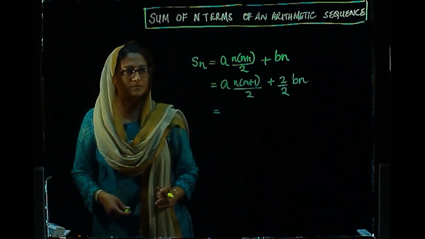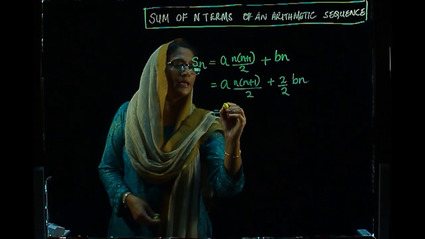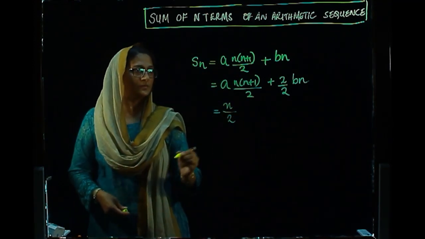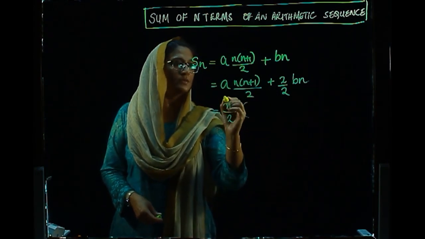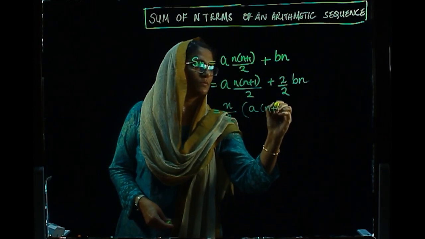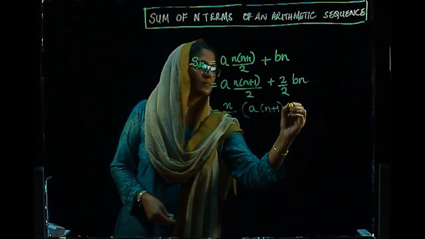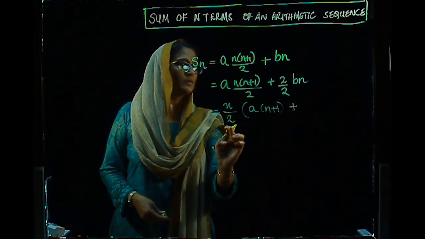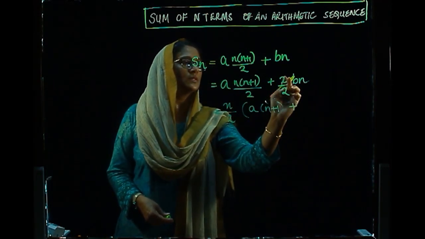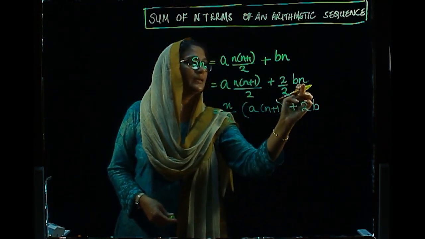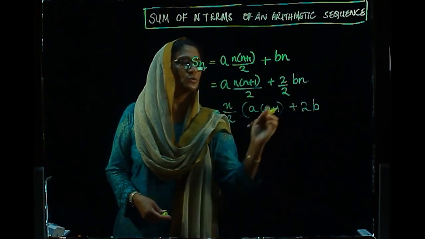Taking n by 2 as the common factor, I have the rest of the things, that is a multiplied by n plus 1, plus 2b.